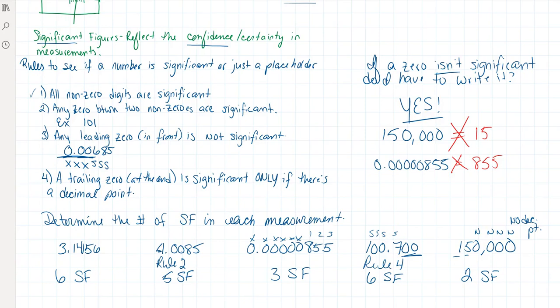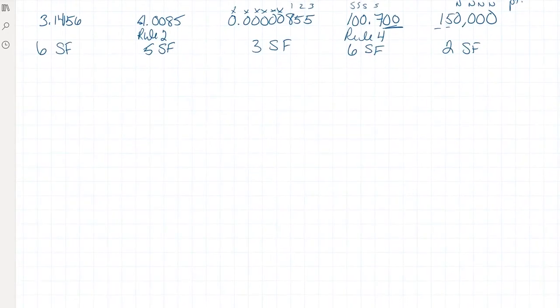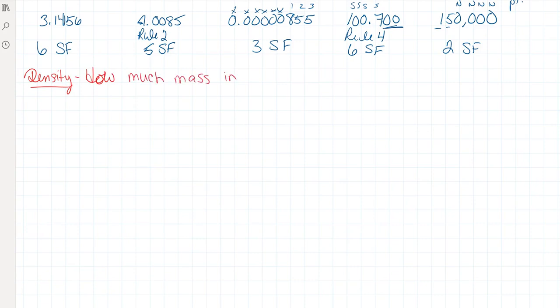All right, so now that we've talked a little bit about significant figures, and even though they're not significant, you have to write them, all those other good pieces, let's take a look at what we can do once we've collected these measurements. Because one of our first big topics is something called density. What density tells me is how much mass and how much volume.